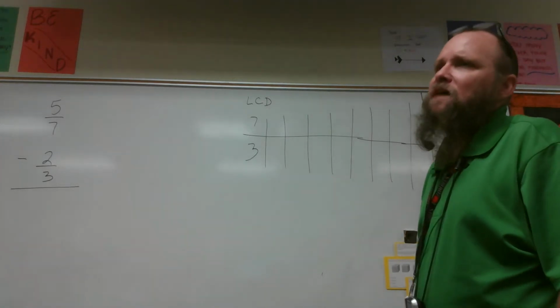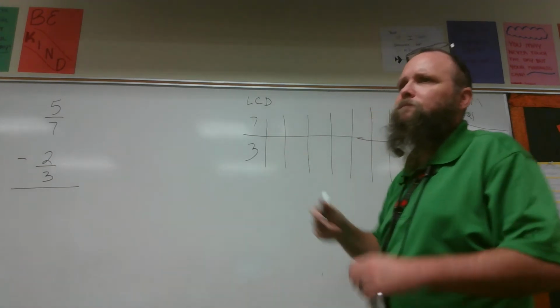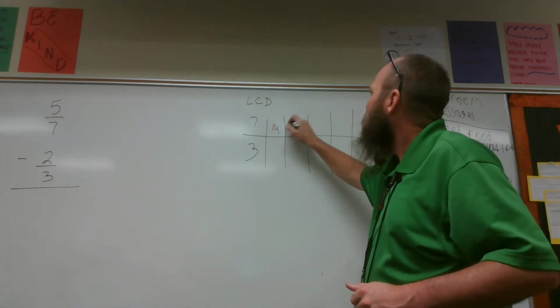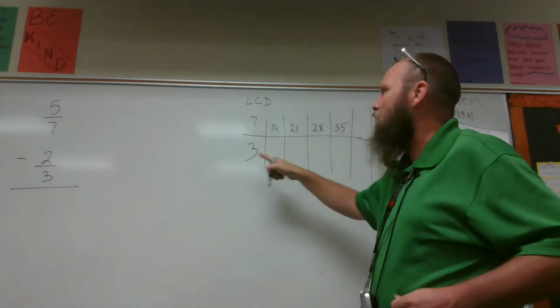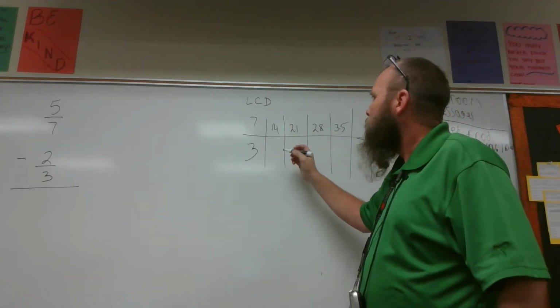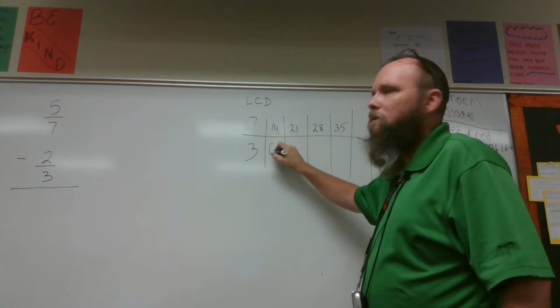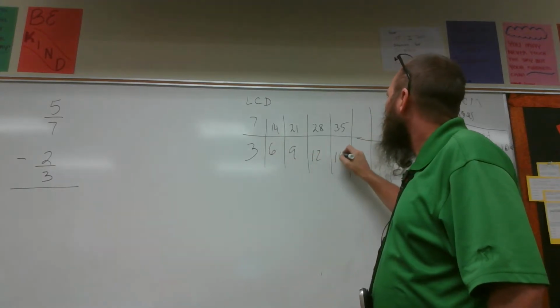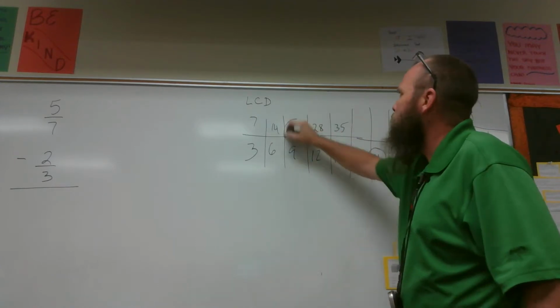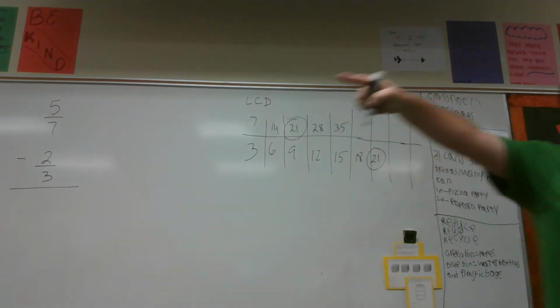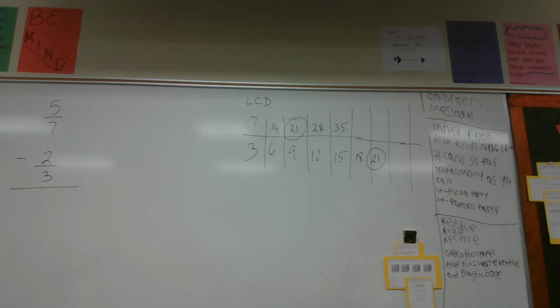All right, count by sevens for me, Kristen. All right, let's stop there. Let's count by threes for me. Good, right here, look, Kristen. 21 is our least common denominator.